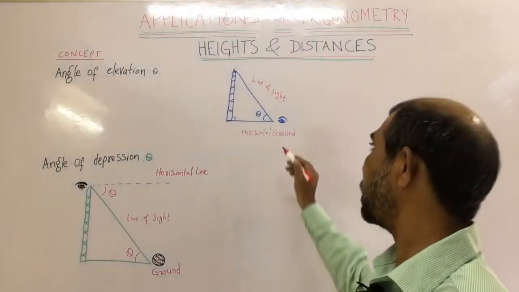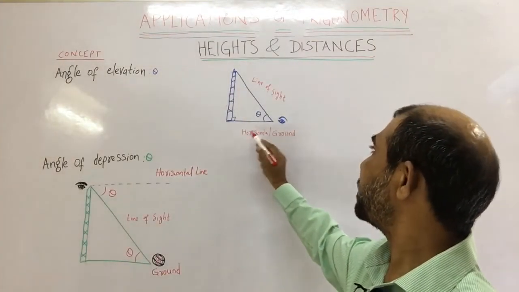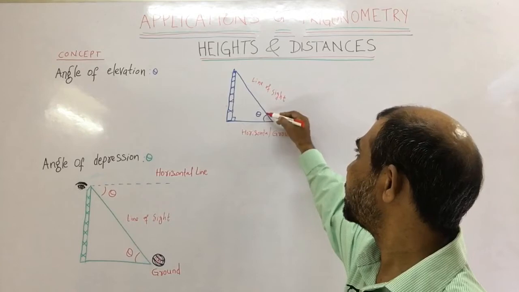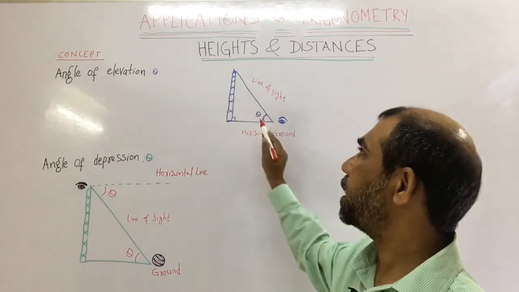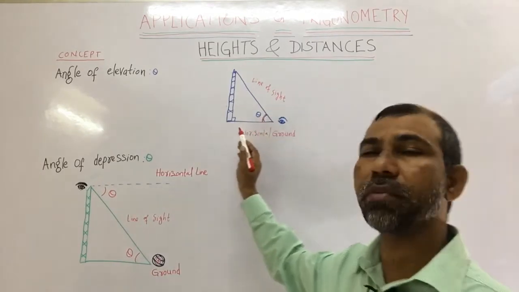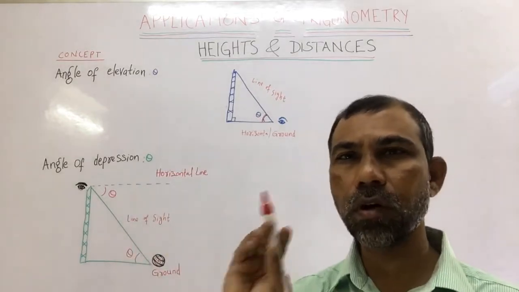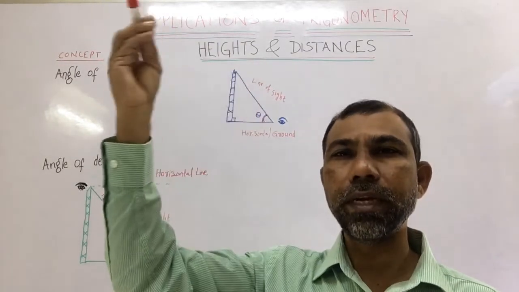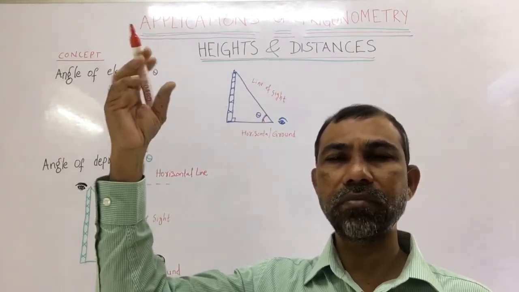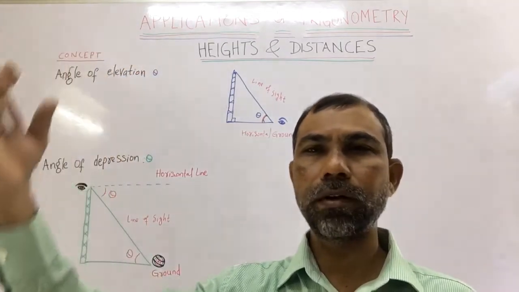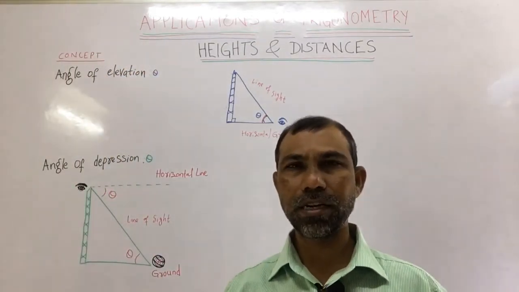When you see from the ground, the angle between the horizontal and the line of sight is called the angle of elevation. That means the angle of elevation is the angle when you observe from the ground to the top or the tip of some tower or any building, etc.